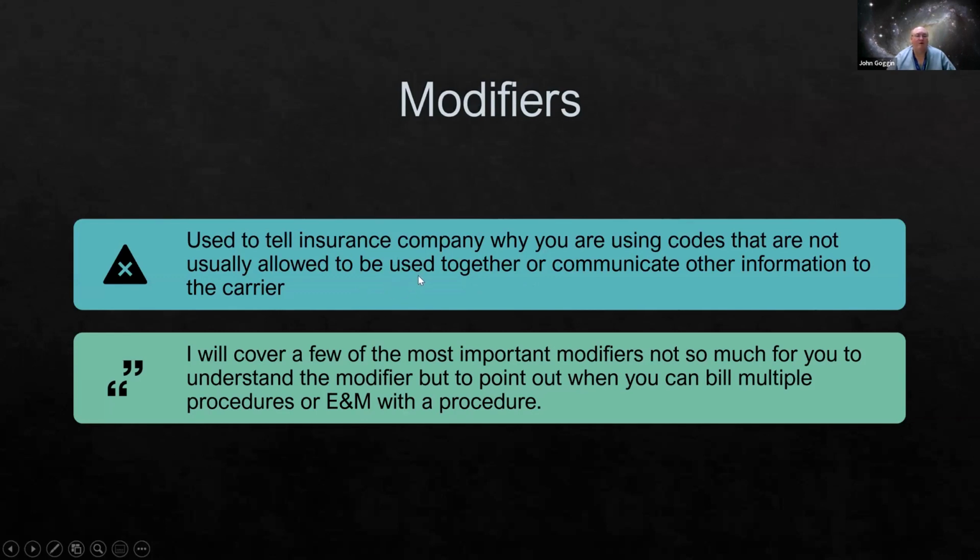When the companies process claims, it's a computer doing all of the processing, and these modifiers essentially tell the computer to ignore the fact that it should say no to this combination of codes.